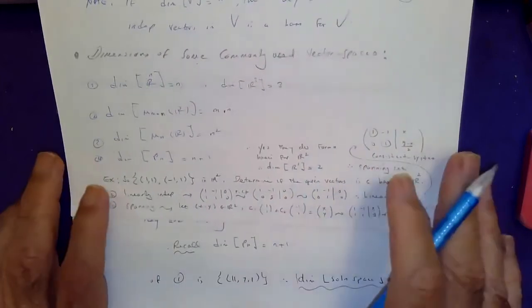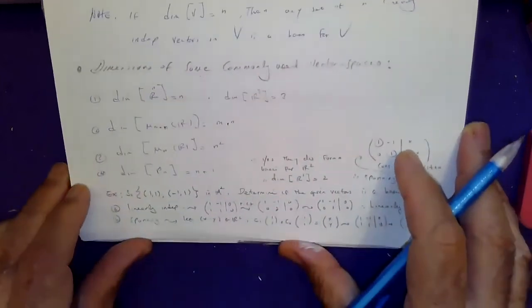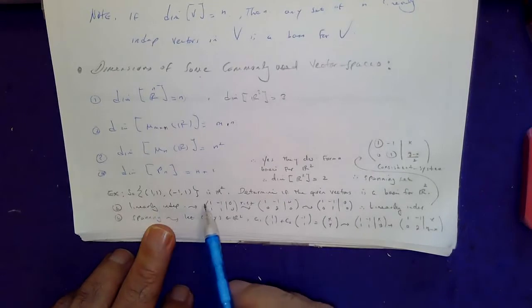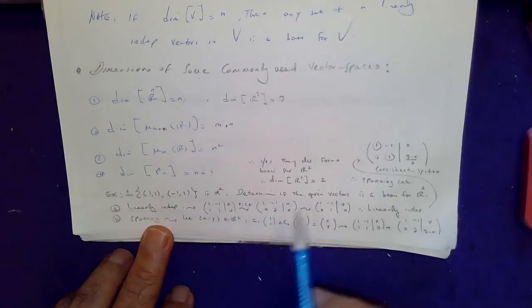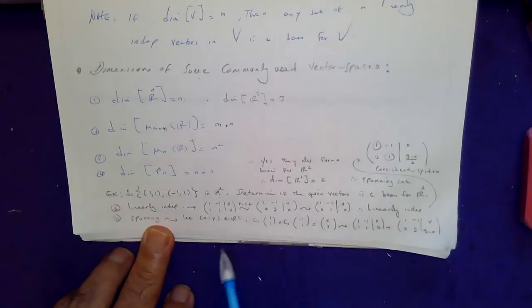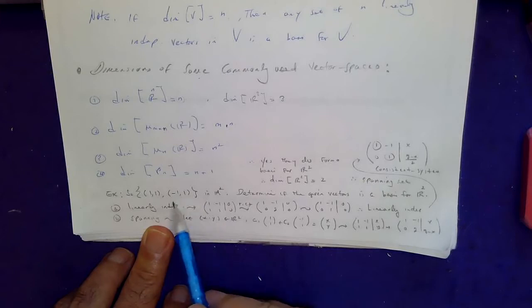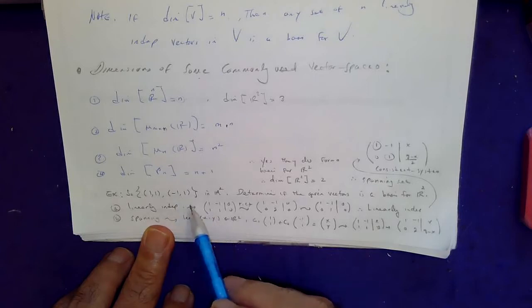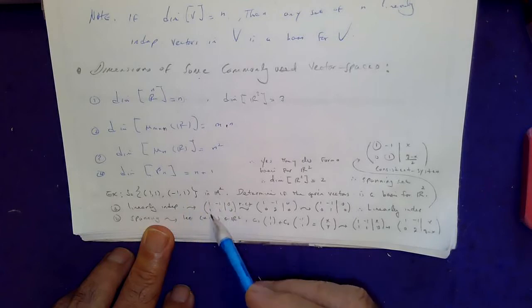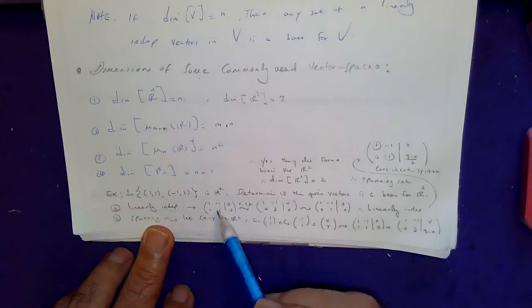One of the questions is the following: determine if these two vectors in R2 form a basis for R2. For linear independence, you can either say the vectors are not parallel, not collinear, therefore they're linearly independent, or you can augment these vectors. Remember, the columns of this augmented matrix are each of these vectors.